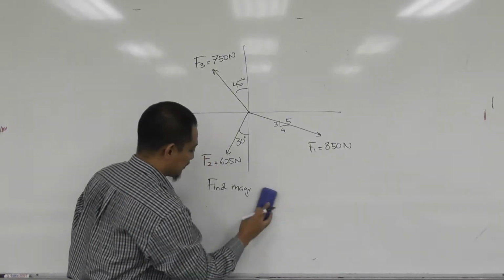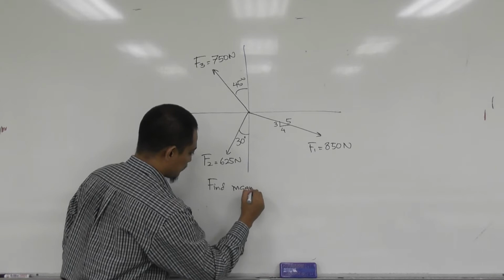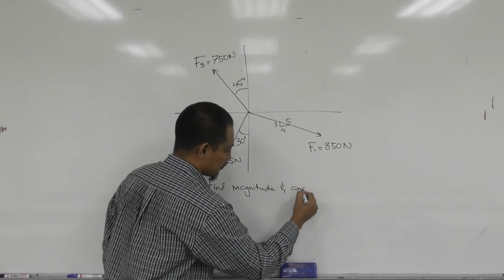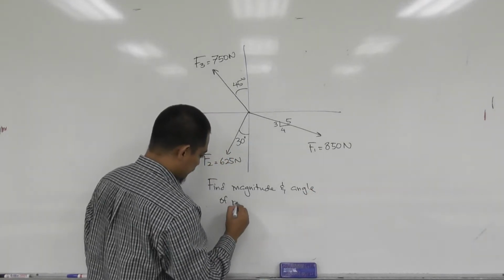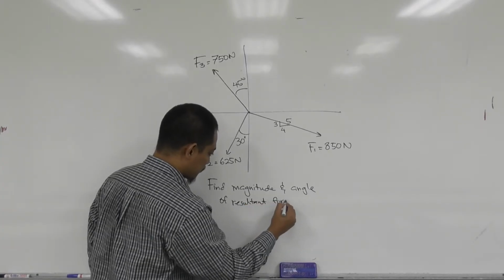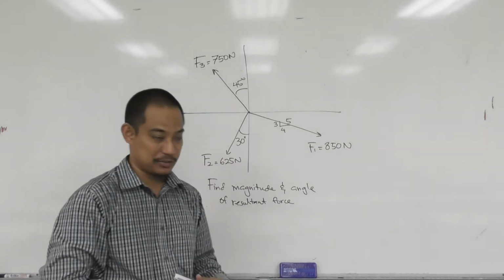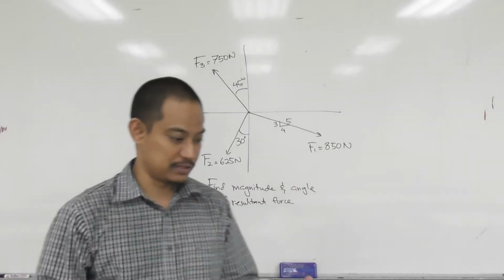How is my writing so bad now? Show the resultant in a sketch. So okay, the question here has an additional requirement to show it in a sketch.